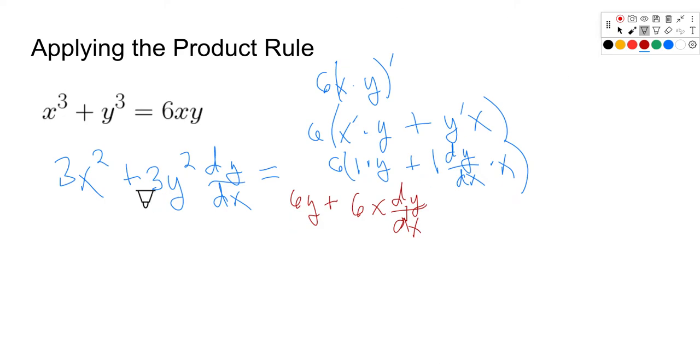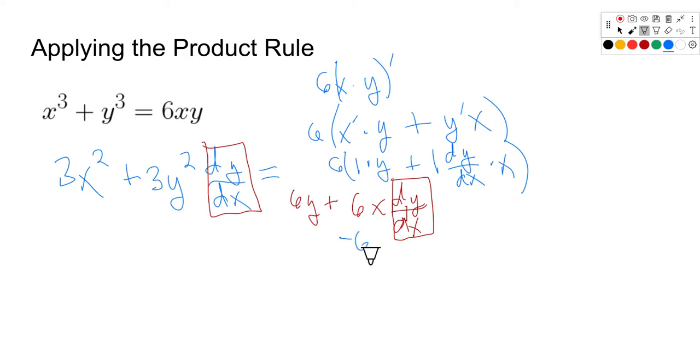So what I'm going to think, okay, we're going to want this thing and this part here all on the same side, and actually their terms go with it. So I think I could subtract 6x dy/dx from both sides.